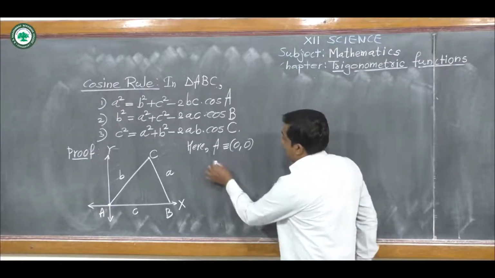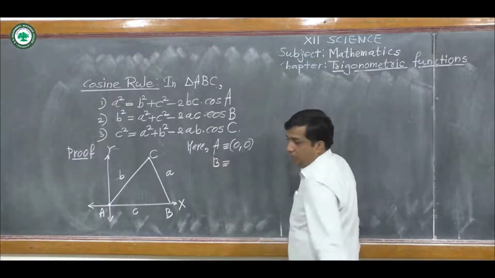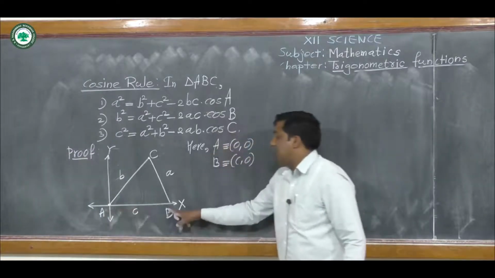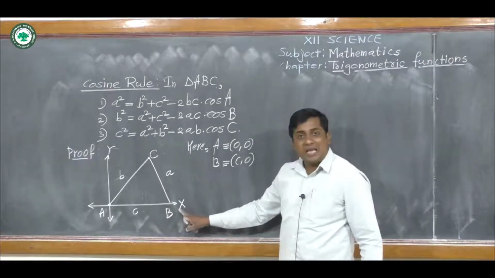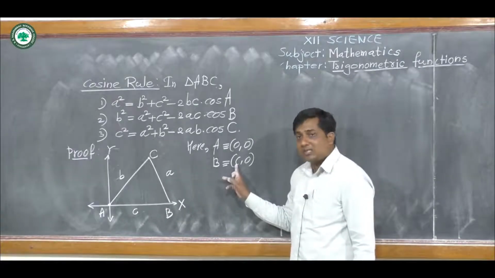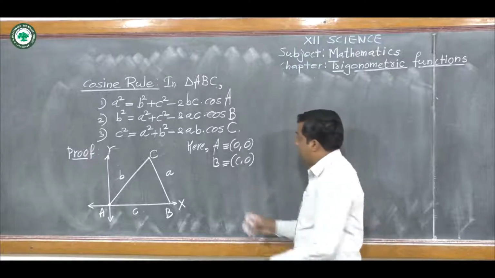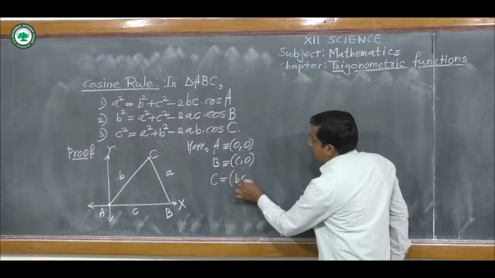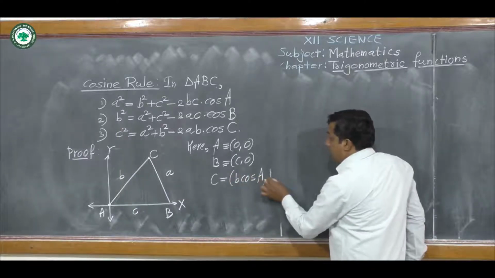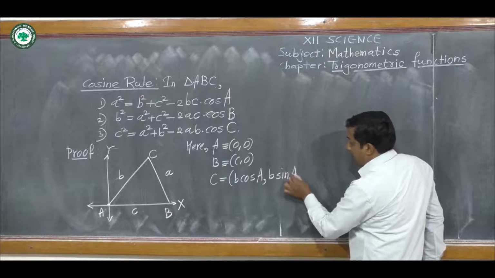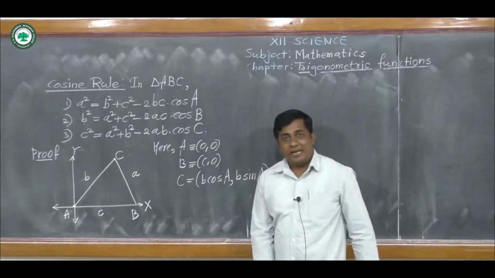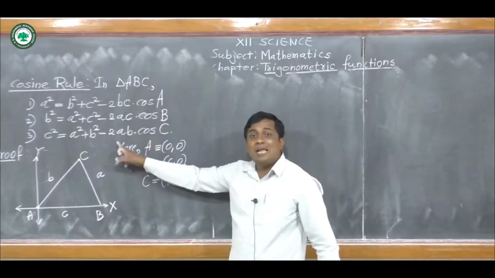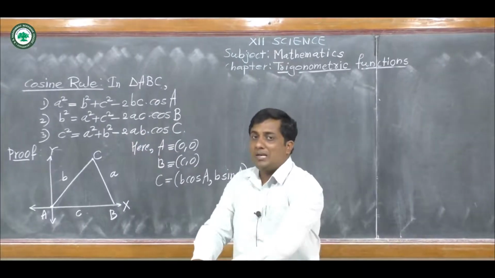B is (c, 0), since the length of AB is c and it lies along the x-axis. And for C we take (b cos A, b sin A). So these are the coordinates of the given points, and we have to prove this relation now.